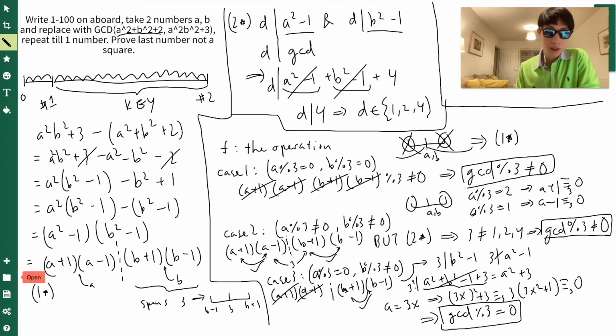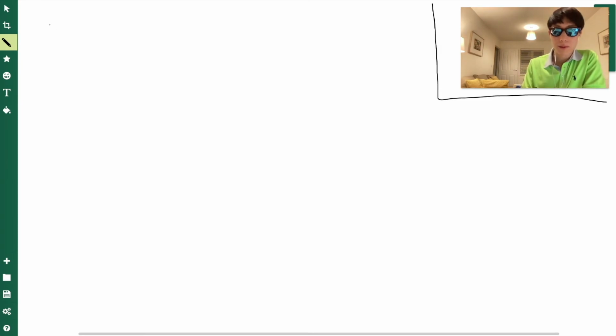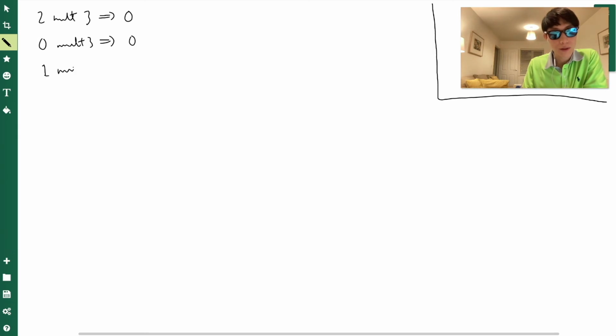So let's think about that a little bit and open up a new whiteboard here with a bit more space. What does that actually tell us? Well, if you have 2 multiples of 3, you end up getting 0. If you have 0 multiples of 3, you also end up with 0. But if you have 1 multiple of 3, you actually end up with 1.